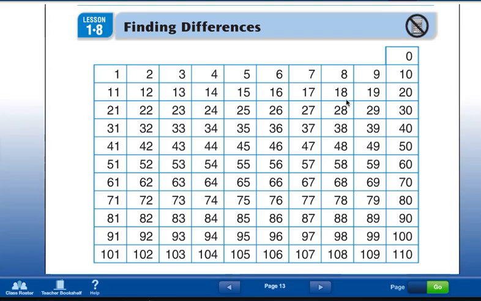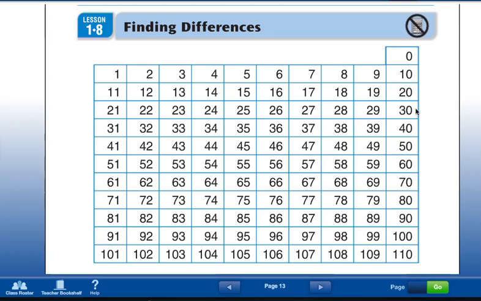But this is our number grid, 0 to 110 on this page. And just to review that, we know that when we have number grids like this, the numbers in the right hand column all end in the number 0. So 0, 10, 20, 30, 40, 50, 60, on and on. They all end in zeros. The next column over all ends in 9s. The next column over all ends in 8s.